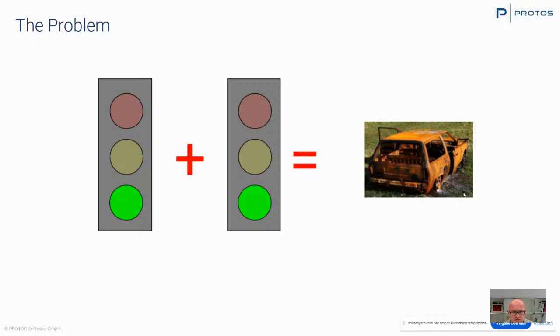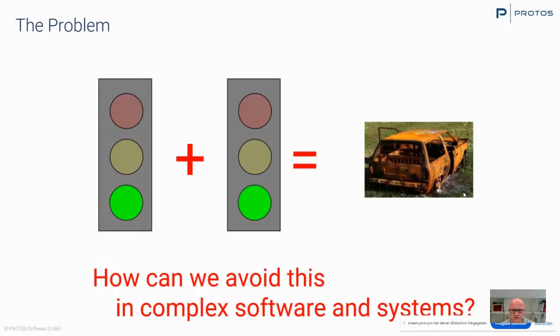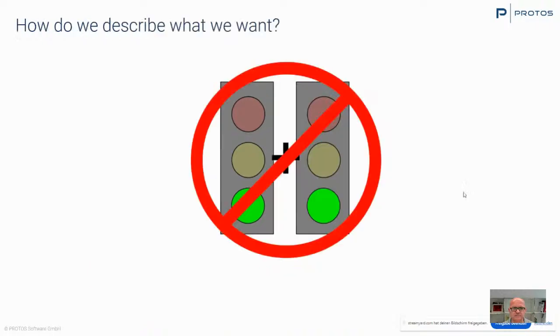This might cause accidents, loss of life, and so on. That's something we want to avoid. So how can we avoid this erroneous behavior in a complex software and system?